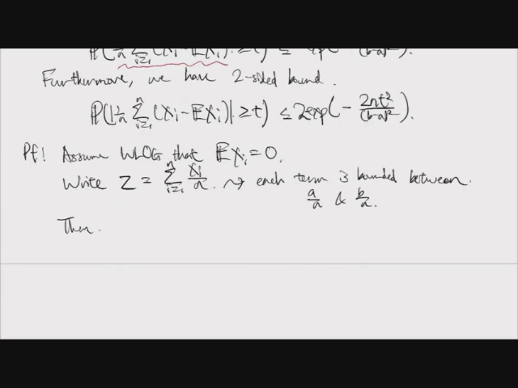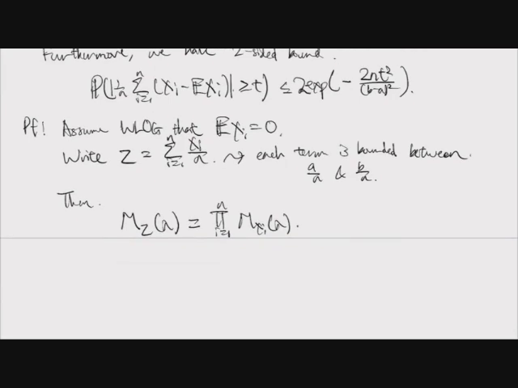Now we begin our string of equalities. First we start with the MGF of Z, and we want to bound this. First, I use multiplicativity to write this as the product of the MGFs of each of the X_i's. And now using this observation and using Hoeffding's lemma, I can bound each term by exponential of (b minus a) squared divided by 8 times lambda squared.